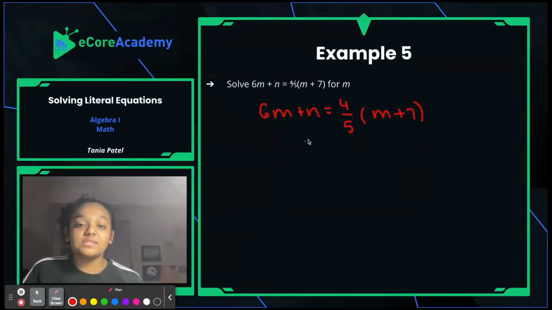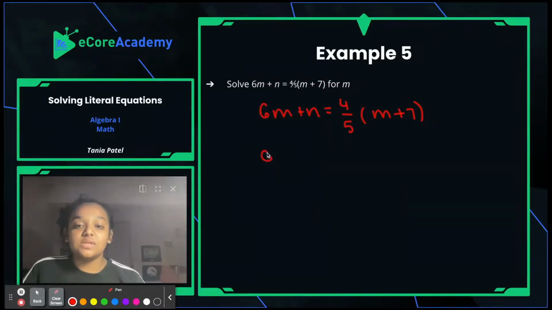Again, preference-wise, I like to isolate my something on the left side, but in order to isolate the m, I'm going to have to distribute the 4/5 to both terms in this parentheses set.